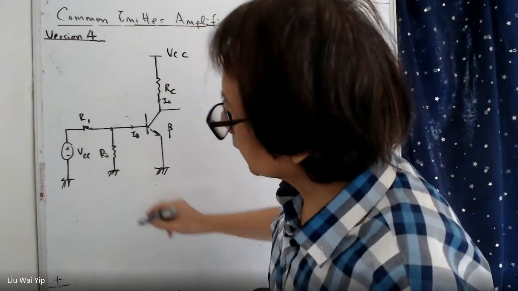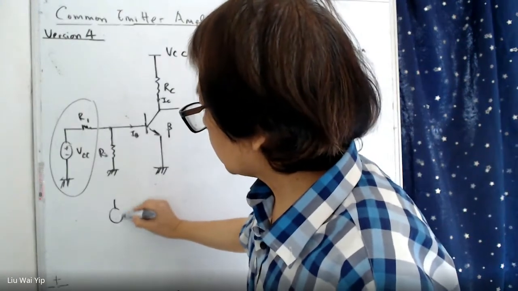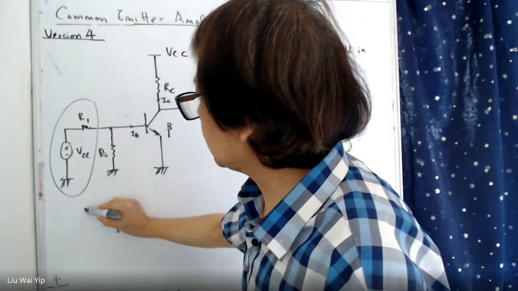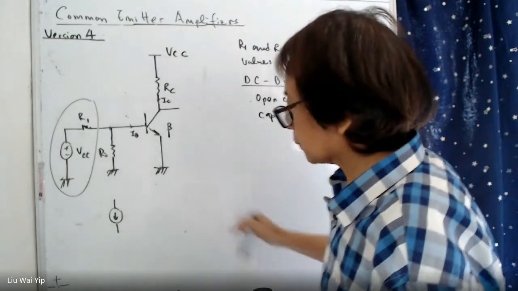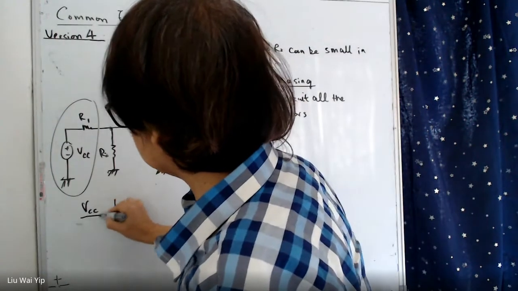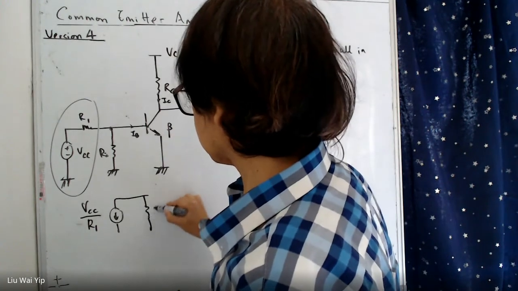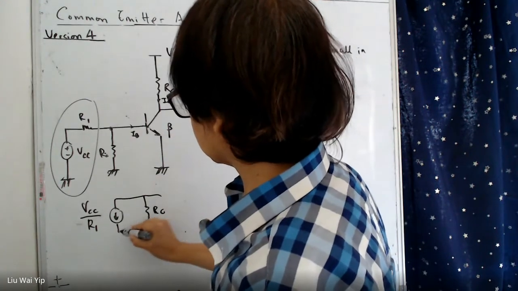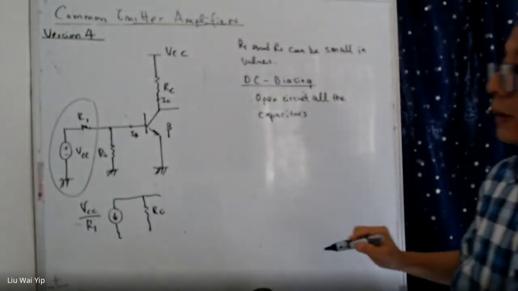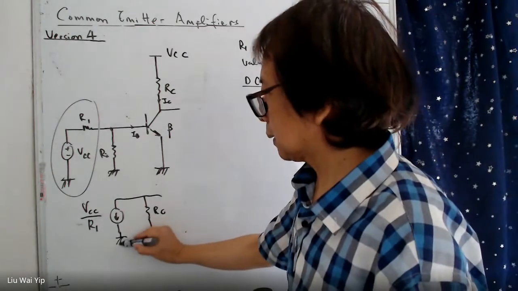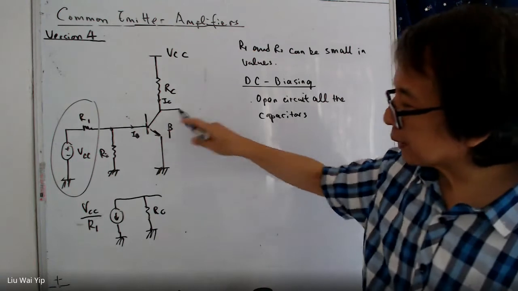So this one here is equal to VCC divided by R1. And the rest of the circuit can be just copied.